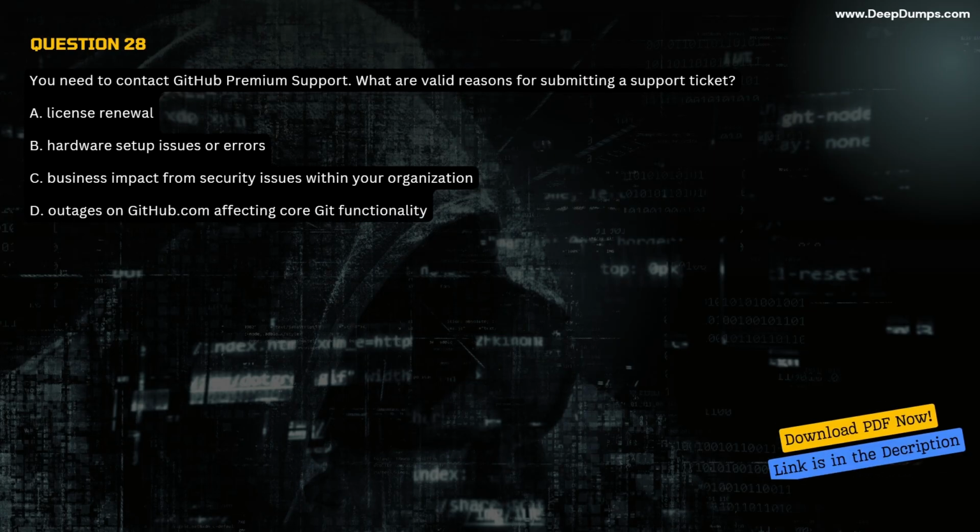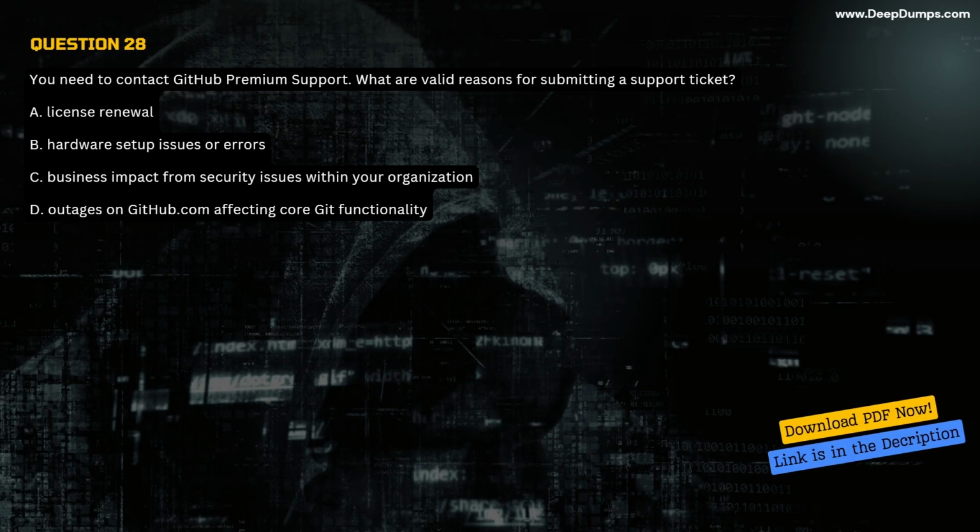Question 28. You need to contact GitHub Premium Support. What are valid reasons for submitting a support ticket? A. License renewal. B. Hardware setup issues or errors. C. Business impact from security issues within your organization. D. Outages on GitHub.com affecting core Git functionality.